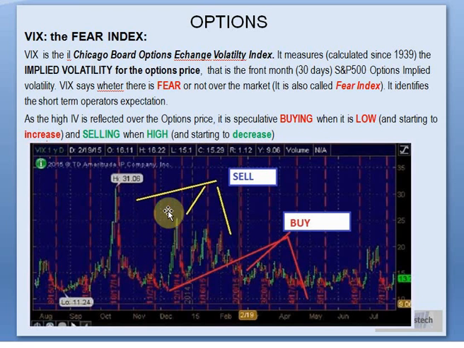So it might be an idea, well, it's exactly the approach for operating with options, to sell the option when the implied volatility or the VIX is very high and it's starting to decrease, while it's a speculative idea to buy when it's low and it's starting to increase. So here we sell options, and in this phase we buy options.